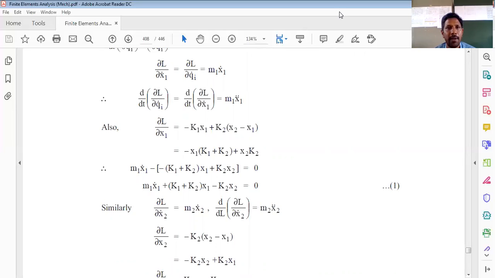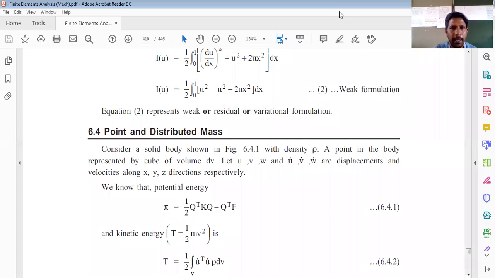With this, we can get the equation of motion for an undamped vibrating system. Right. So the next topic here is point and distributed mass.